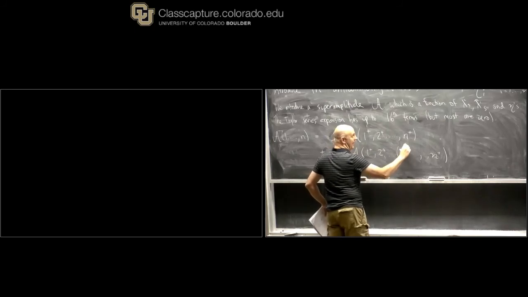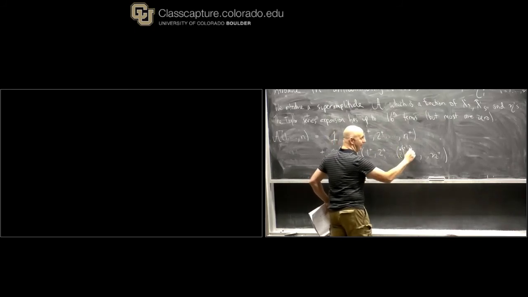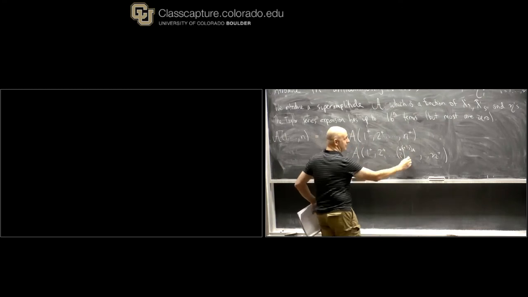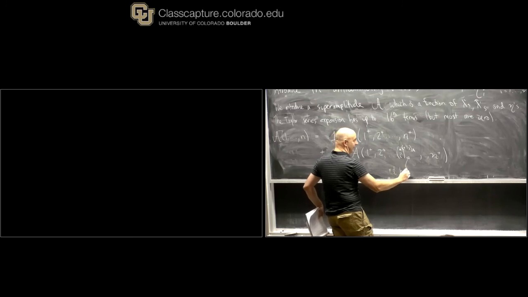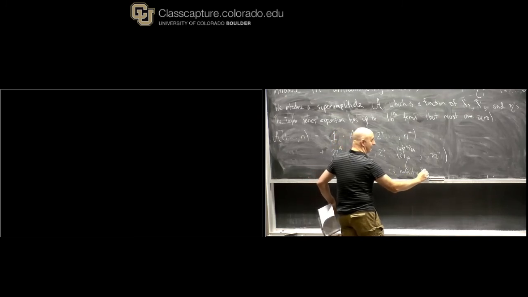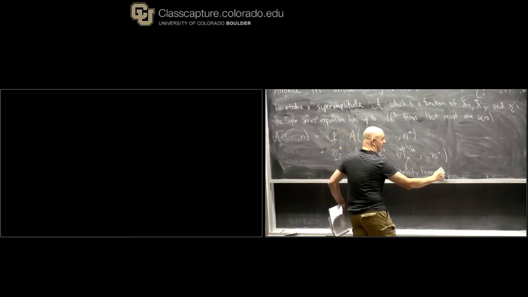So a plus a half helicity fermion of type A. Remember, there are 4 of them. So I'll explicitly write here plus 1/2 helicity fermion of type A.